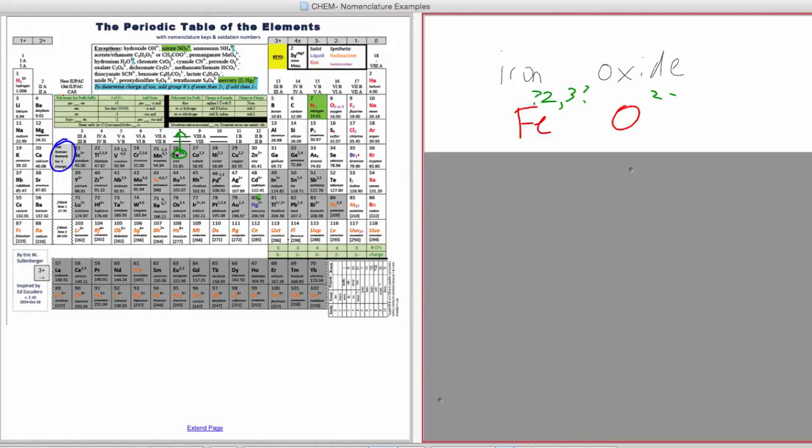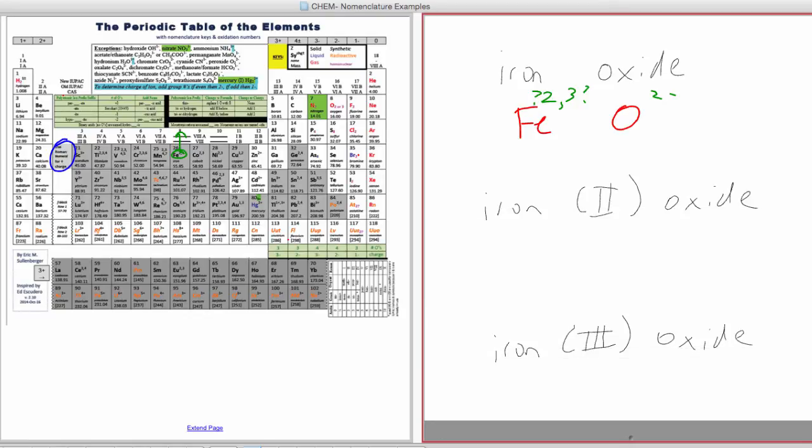Which of those is it? Well, with the transition metals, as well as some of the other metals, mostly things that are in gray boxes on my periodic table here, those require a Roman numeral for the positive charge. The Roman numeral tells you the charge of the metal ion. So, for iron, there's iron 2 and iron 3 oxide.